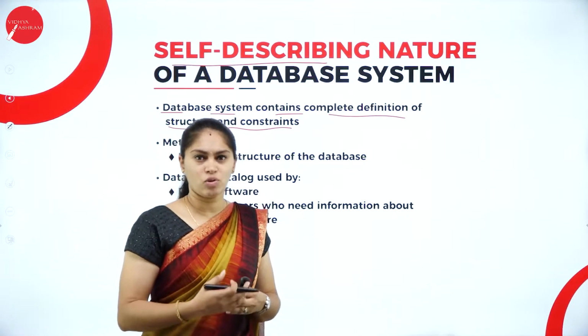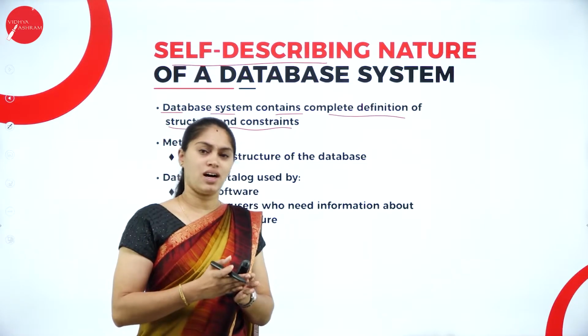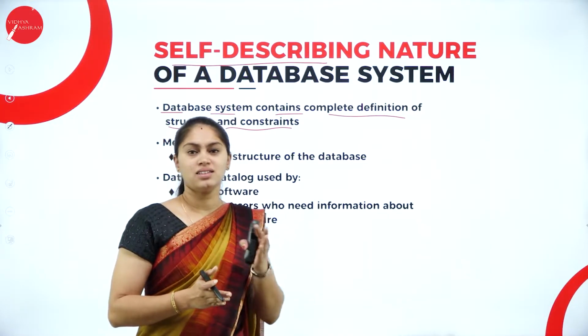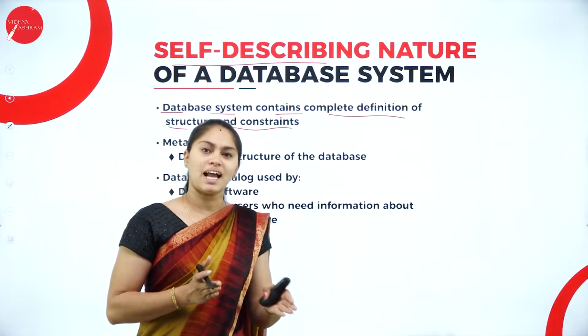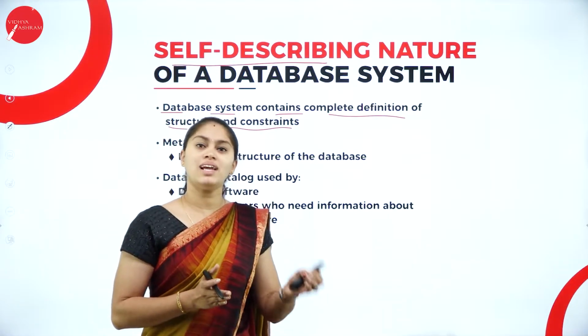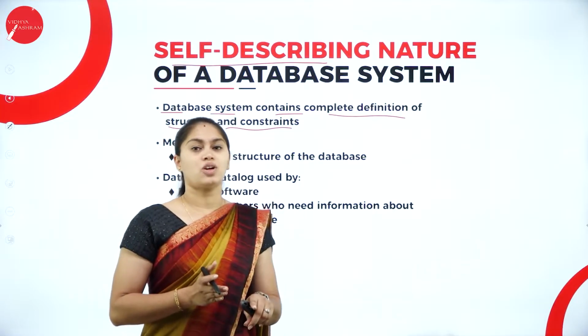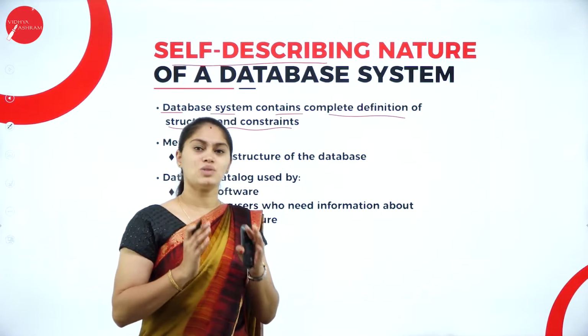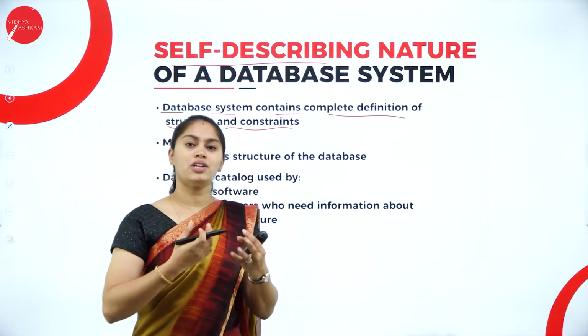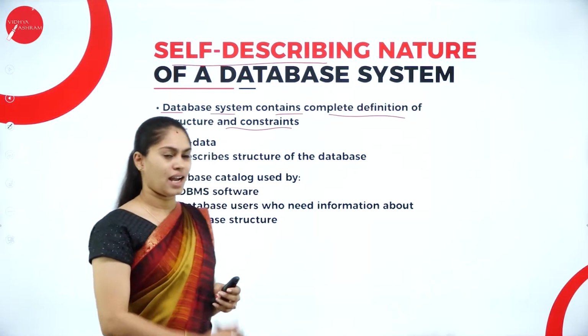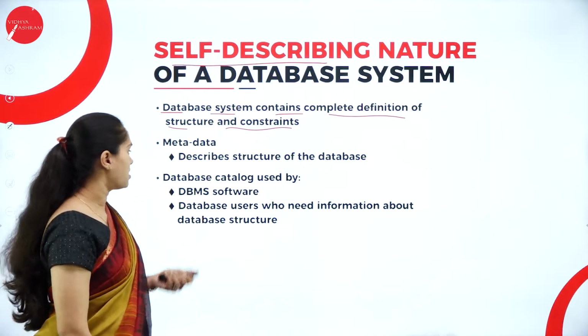For example, if I want to allow any student below the age of 18, then the constraint must be that age should not be greater than 18. If it satisfies that rule, then only I am able to allow that data to be entered into the database. That is the constraint, the rules and regulations that we enforce in order to improve the efficiency of a database. That is the first thing.